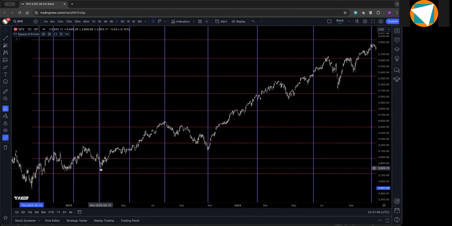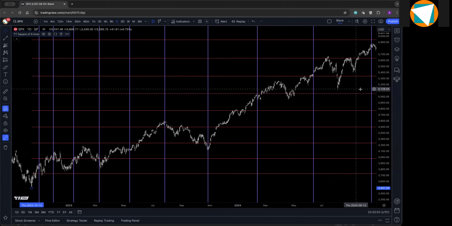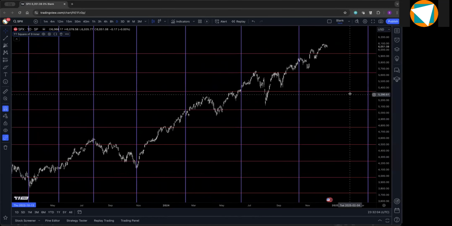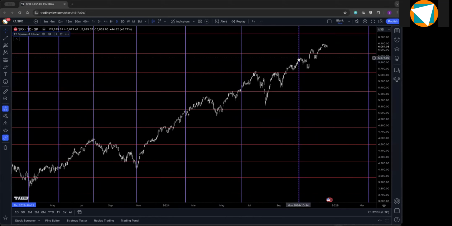This nailed the top here in July 2023. This one nailed the bottom in October 27. This is a near perfect square out in February 24. And we also caught this smaller degree top over here in October 2024.